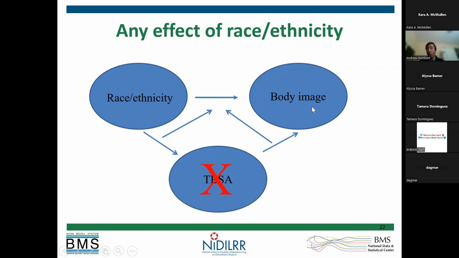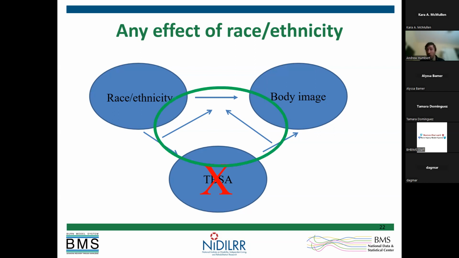This is one line of path to body image, so we want to combine all that into one specific effect. If our question was any effect, we would not want to adjust for burn surface area, because it's removing part of the way that race does impact body image.